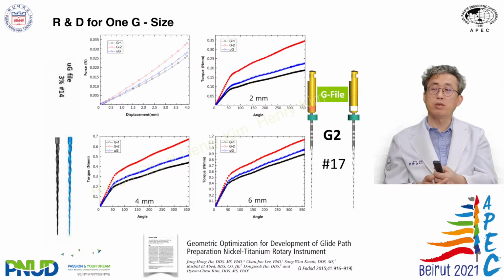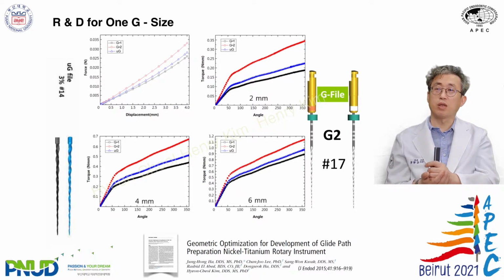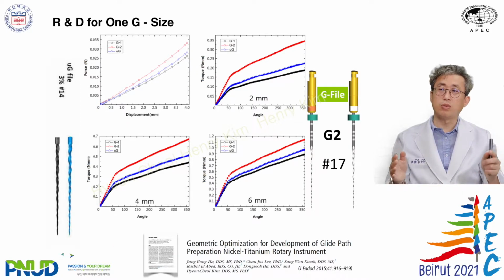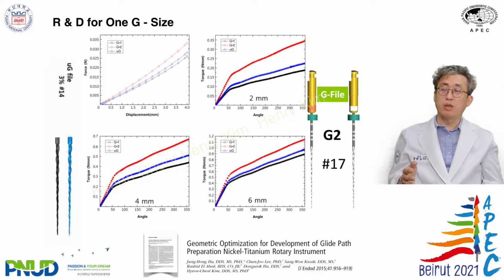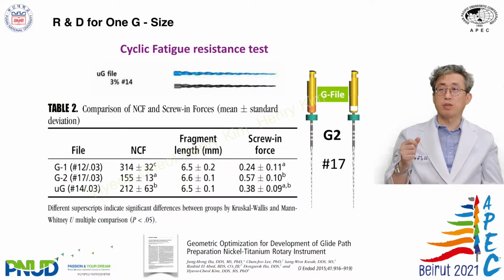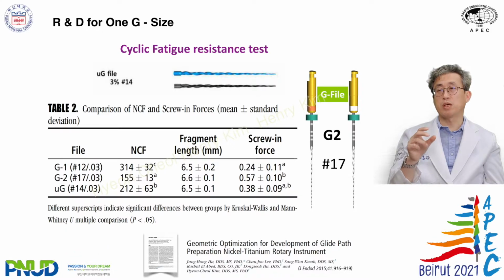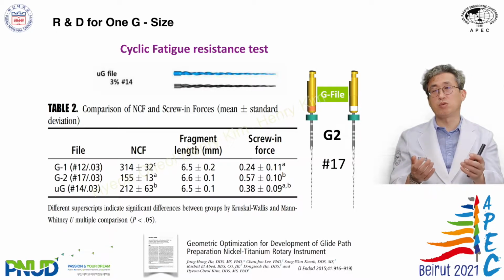Briefly, the result, the new design of prototype, size 14 and 3%, showed mid position between G1 and G2. It's quite natural. And we asked the manufacturer to make the prototype for the size 14 and 3% taper. And we compared with G1 and G2 actually.